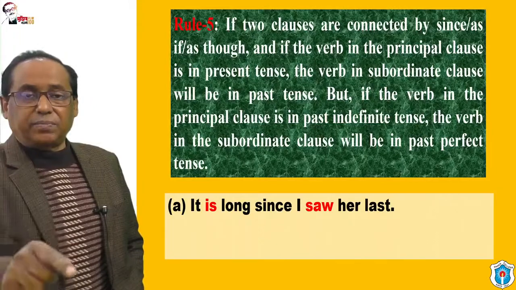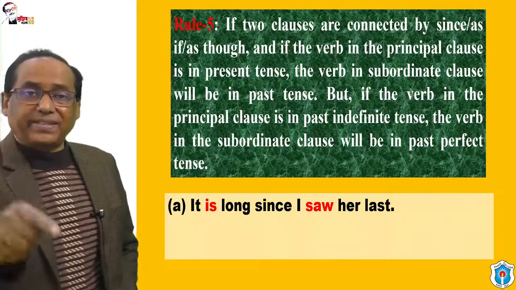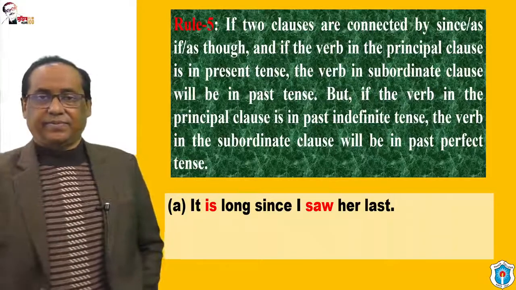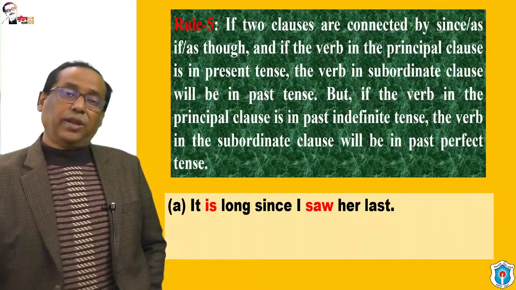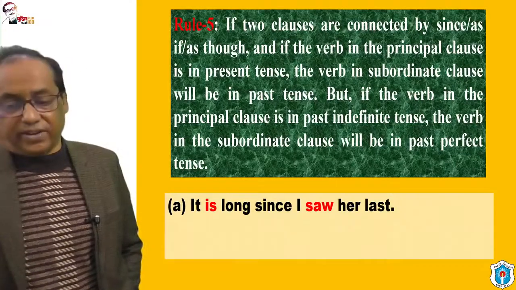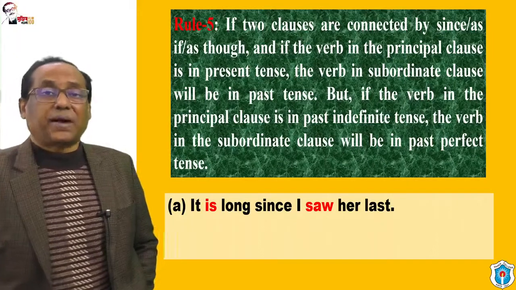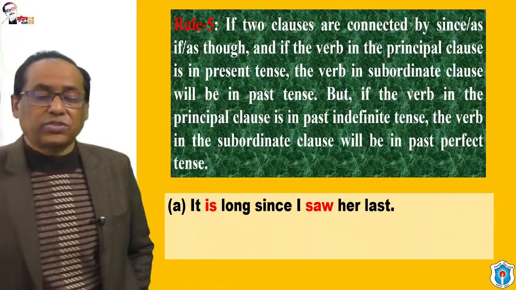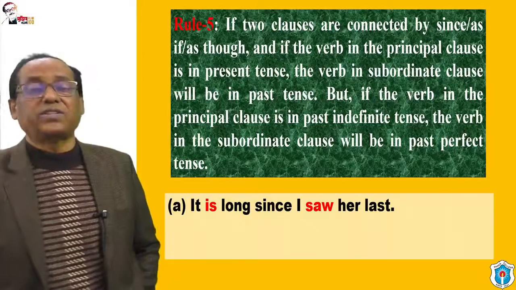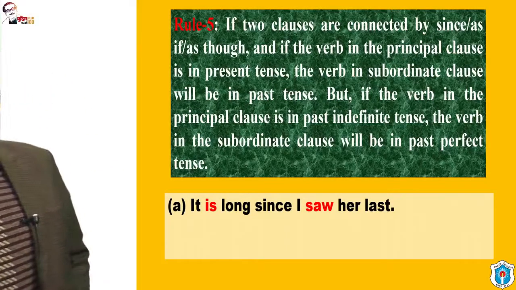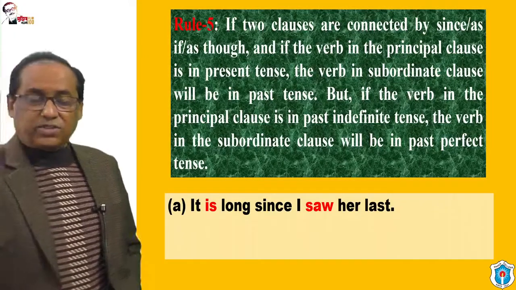If the principal clause is any of the present tenses, the subordinate clause will be in past indefinite tense. Saw, I saw her, it is past indefinite because it is connected by since and the principal clause is in present tense.